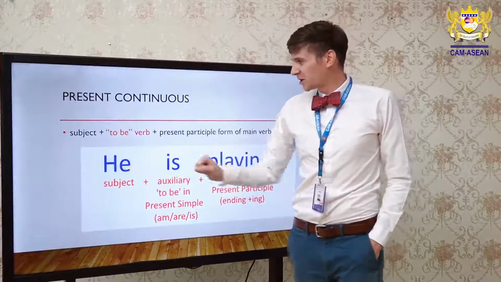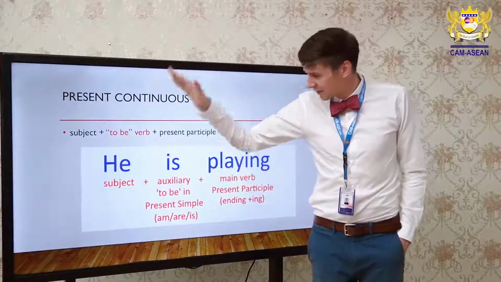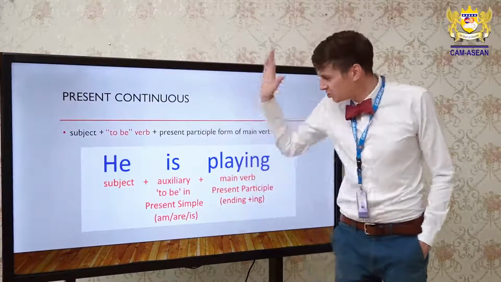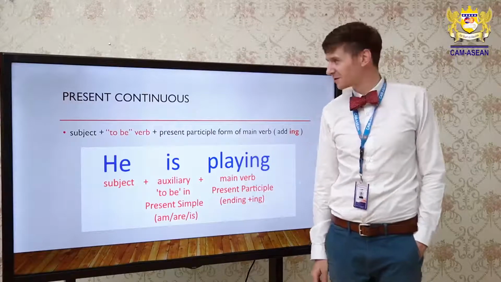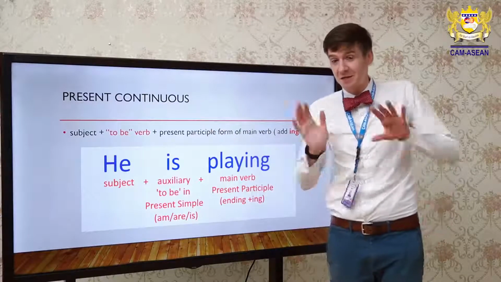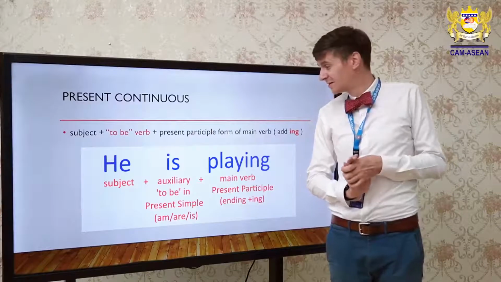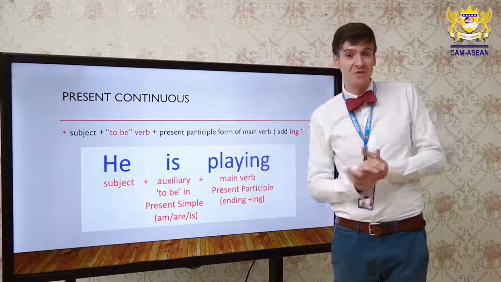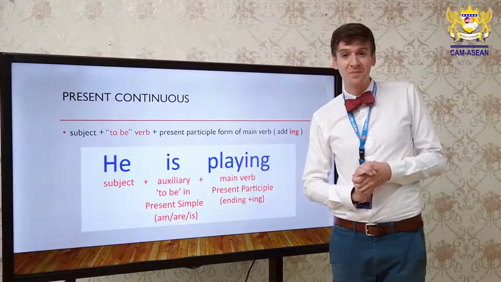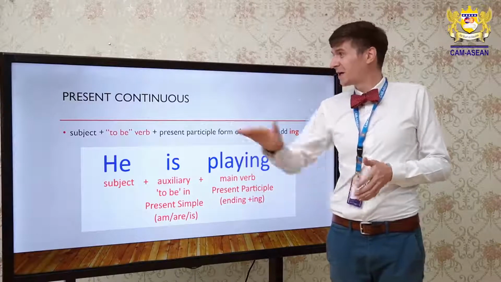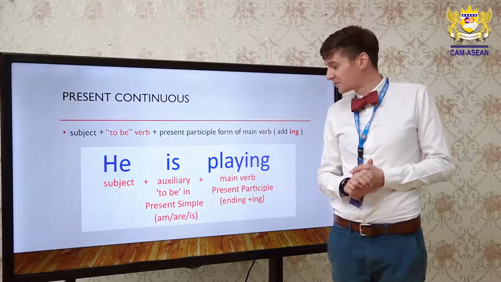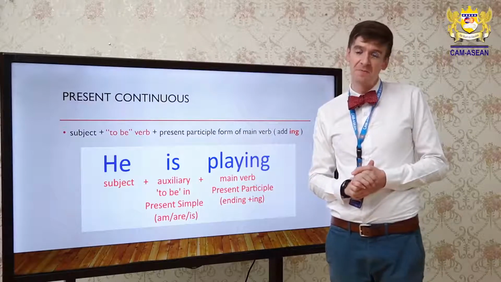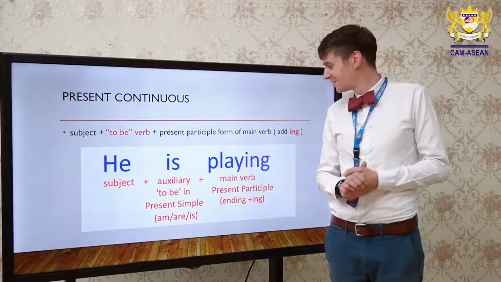So let's look at this picture here. We have a subject. We have a to be verb in present simple tense, right? This is present continuous. There is past continuous, and we would use a past tense of to be: was, were. But in present continuous, we use a present simple form of the to be verb: am, are, is.